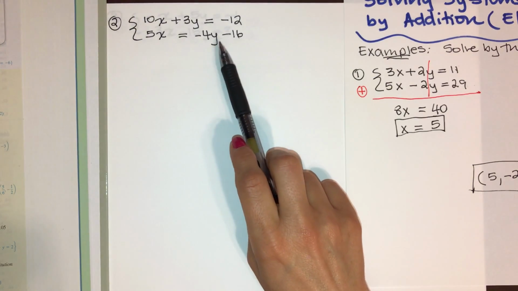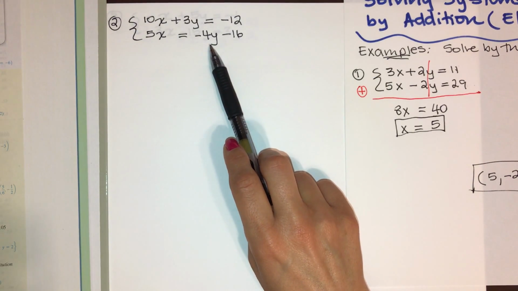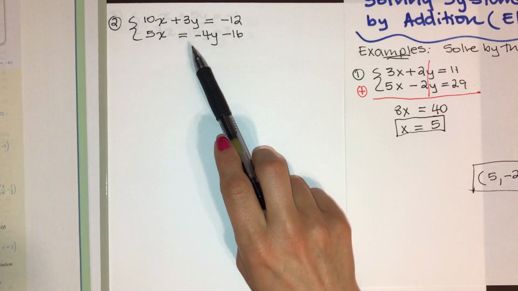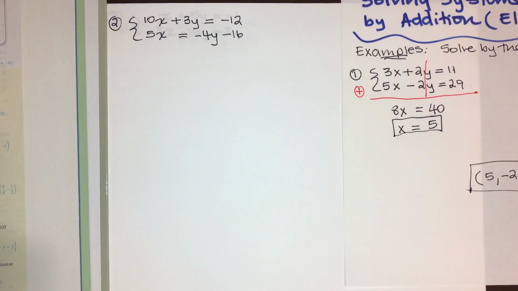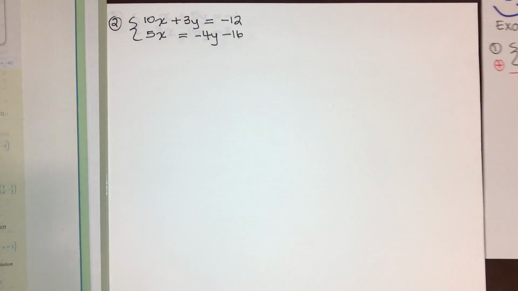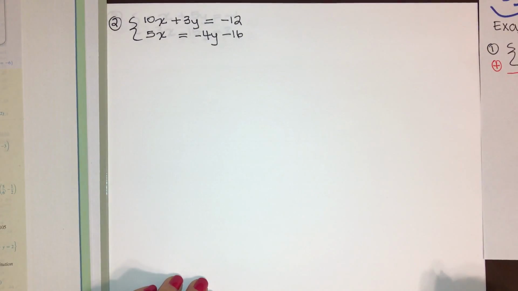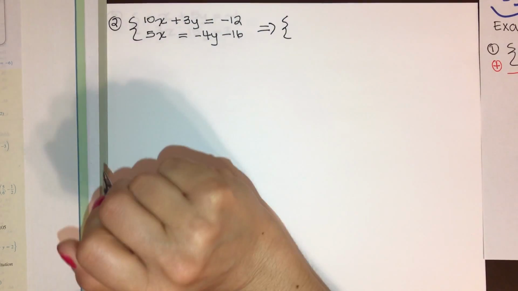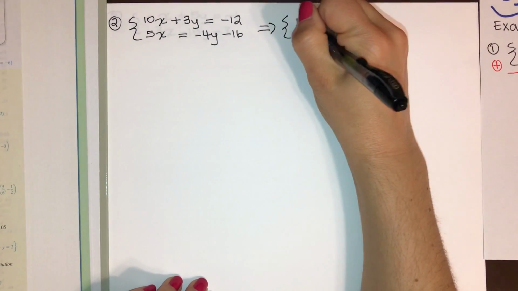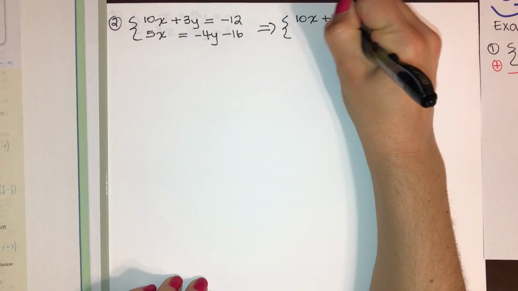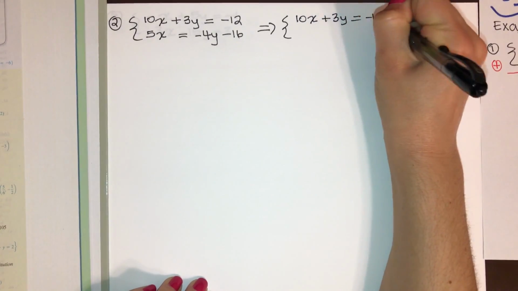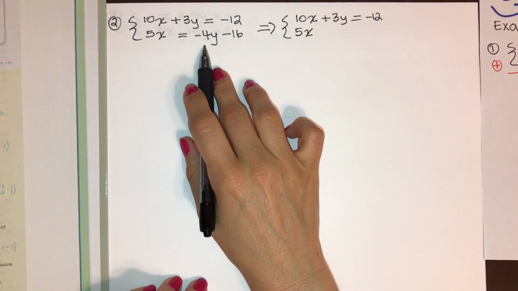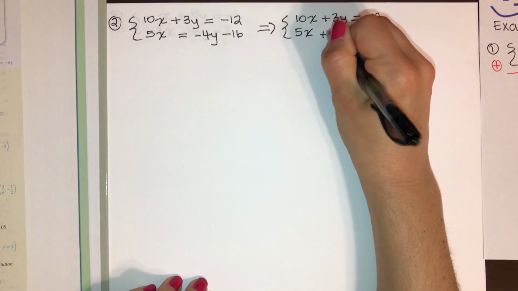In this case, in the second equation, we need to add 4y, and that way we can have the x's and the y's and the constants line up so it's easier for us to add. So let's go ahead and do that. So add 4y, so it moves to the other side.